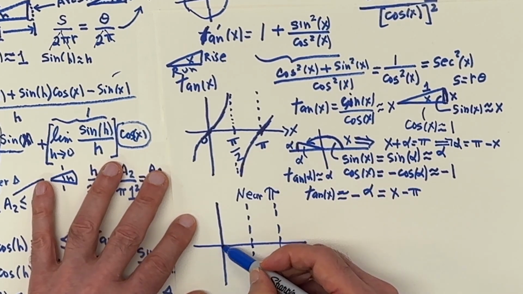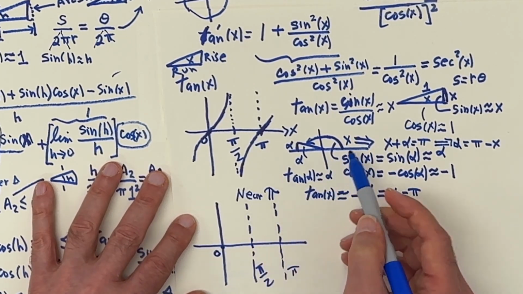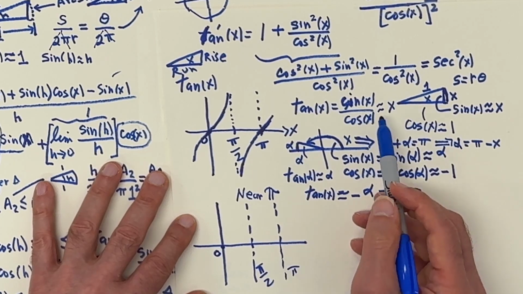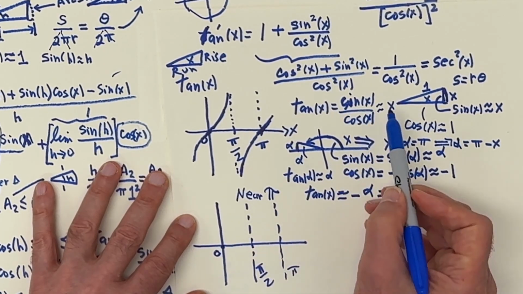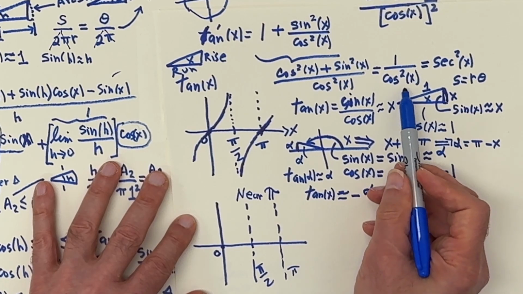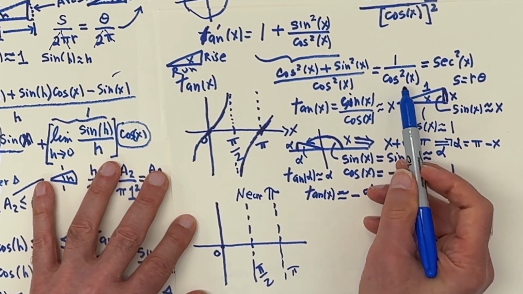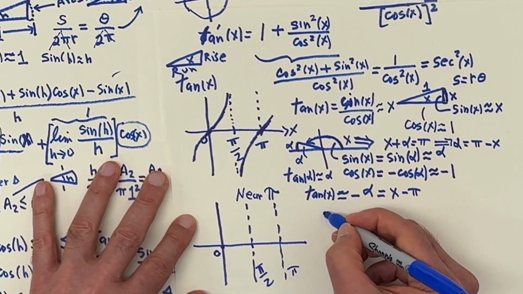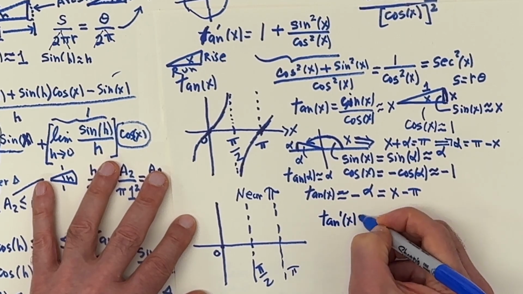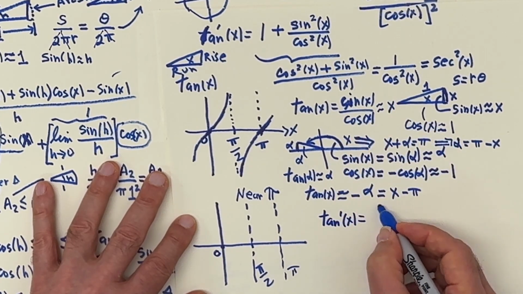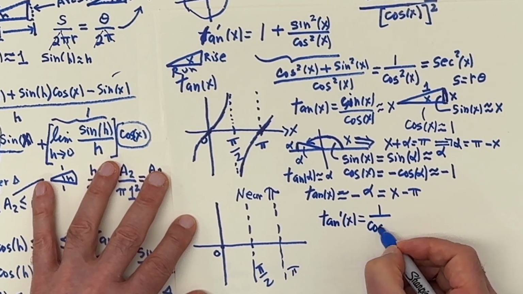When you have 0 here, what is the slope predicted by the 1 over cosine squared of x? You just write down that the derivative of the tangent is equal to 1 over the cosine squared of x.